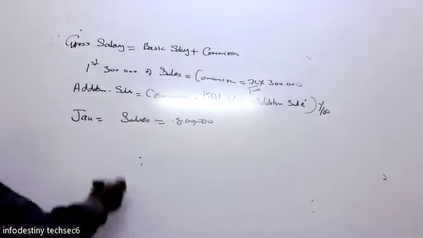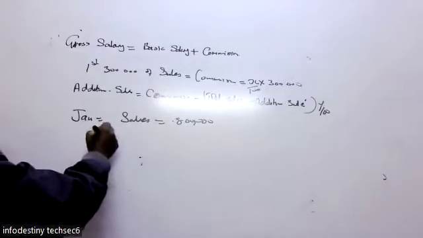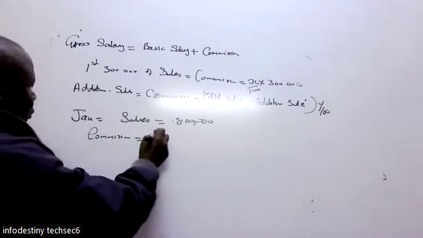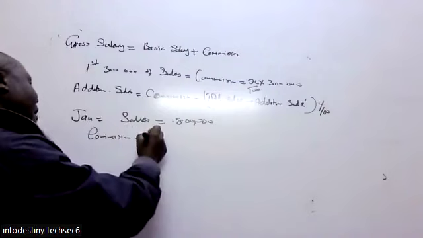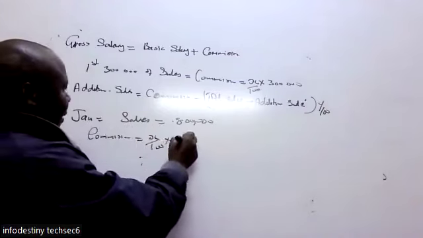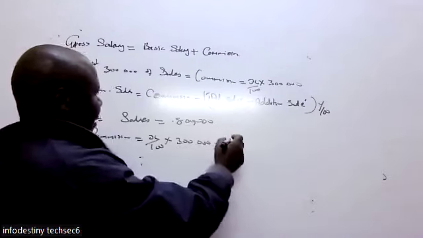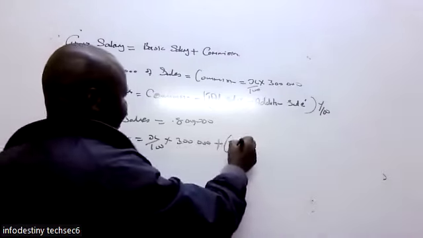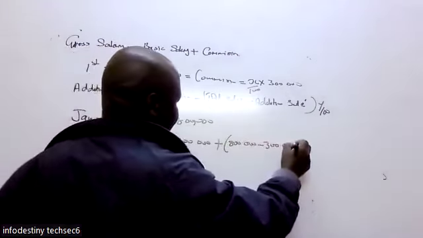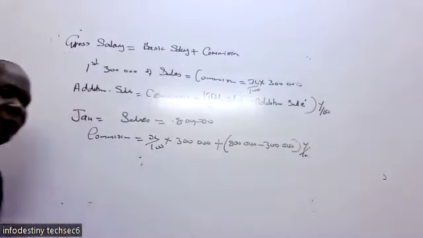Then the commission will be equal to X over 100 times 300, plus into bracket 800 minus 300, we multiply by Y. You are together?